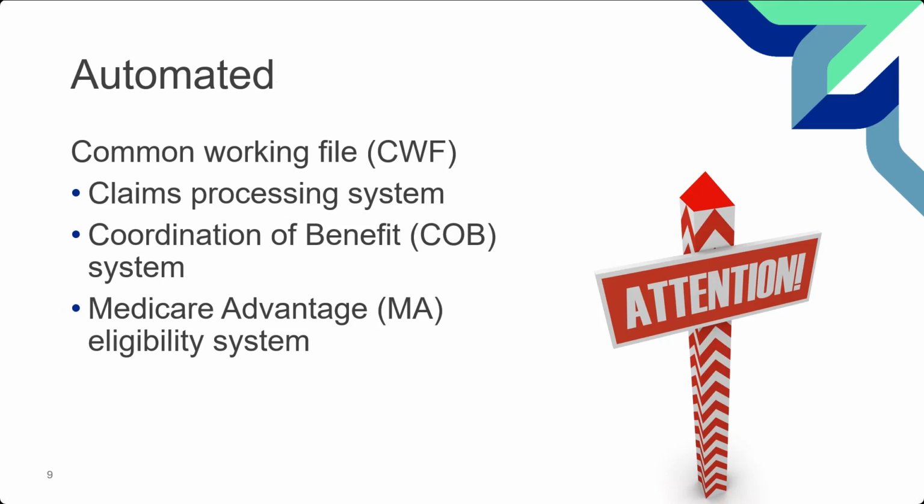This automated edit system says, hey, we have something going on, and this is now going to be a take back, and the system, the common working file, which is the central communication hub for Medicare, the claims processing systems feed into it, the Medicare eligibility system under the Social Security Administration, the Medicare eligibility system under the Railroad Retirement Board, the coordination of benefits system, all of them feed into this common working file, or CWF.